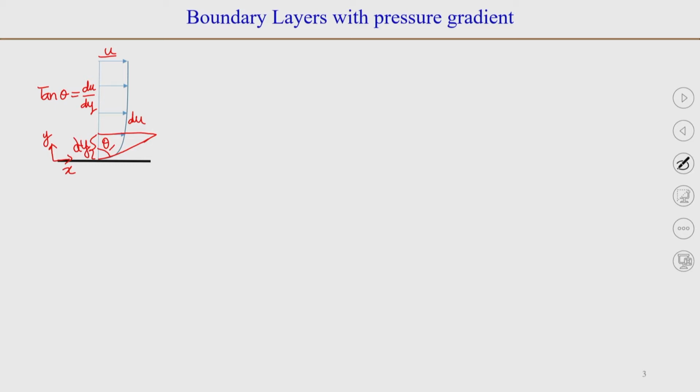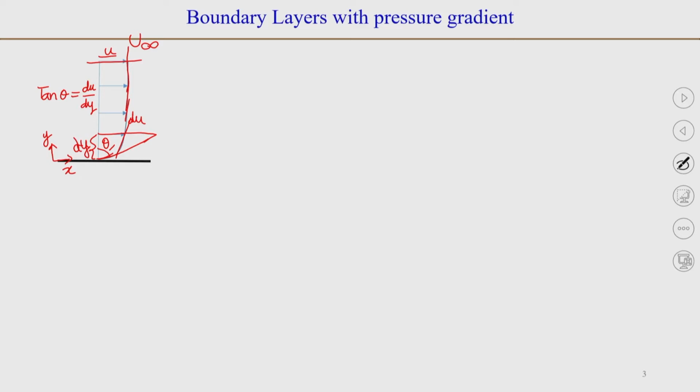Now, as we go along this profile and change the slope, we approach the outer region where the fluid velocity is the free stream velocity, and in that case du/dy will be 0. So, here theta will be becoming 0. In this case, the slope is continuously decreasing as we move away from the wall, so theta is continuously decreasing.